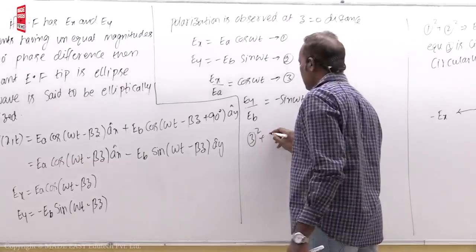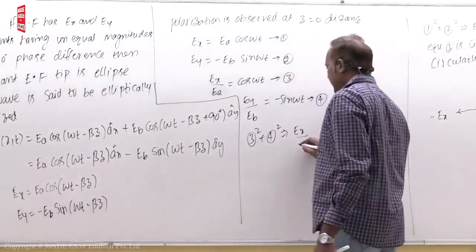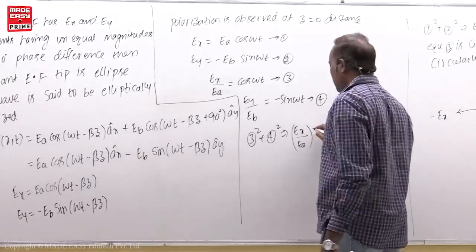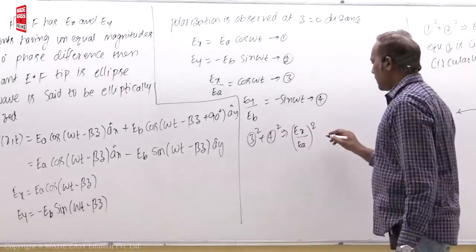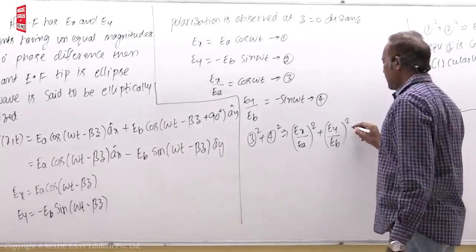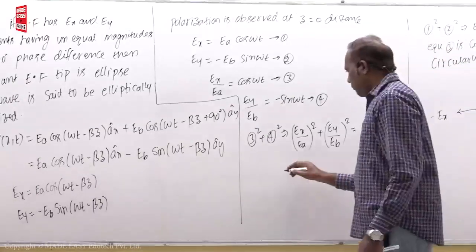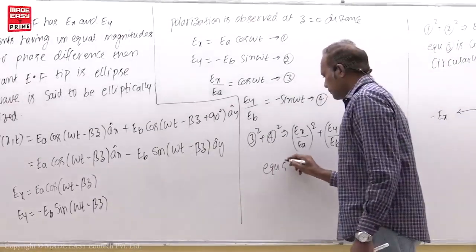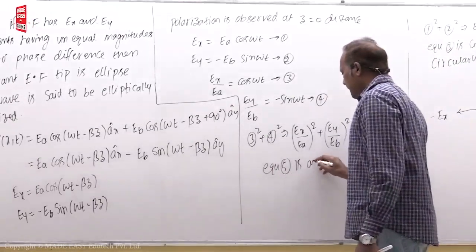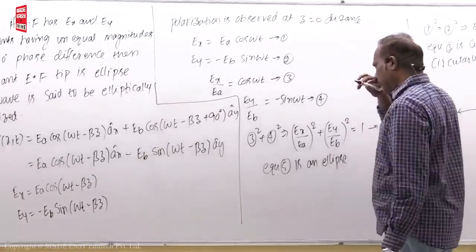So equation 3 square plus equation 4 square: (Ex by EA) whole square, cos square omega t, plus (Ey by EB) whole square, sin square omega t, becomes 1. So equation 5 is an ellipse.